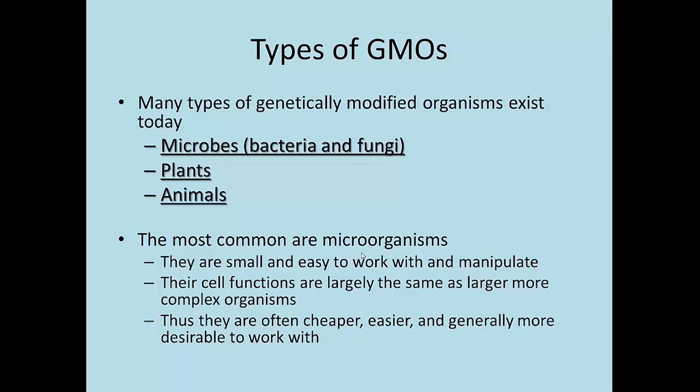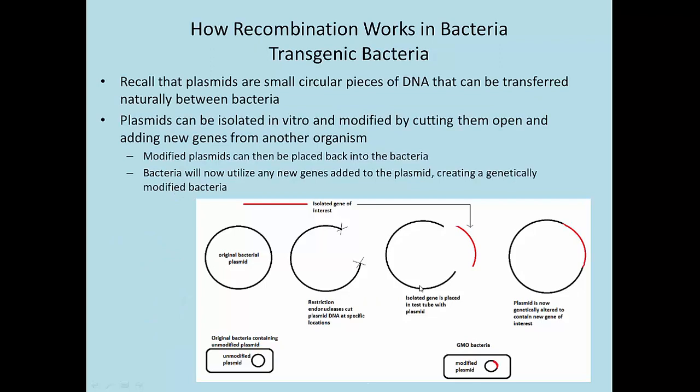Plants have fewer animal welfare ethical issues, but they take up more space, more energy, and they're more expensive because of that. So microbes have been one of the predominant forms of genetic modification because of their ease of work, and because they were kind of the gateway into the more complex aspects that occur with plants and animals. So cheaper and easier, generally, is why microbes were used first.